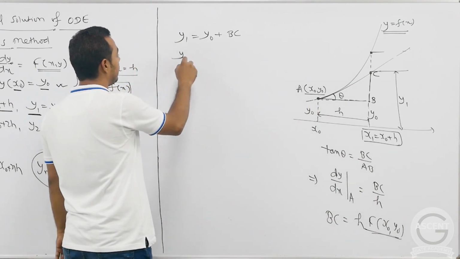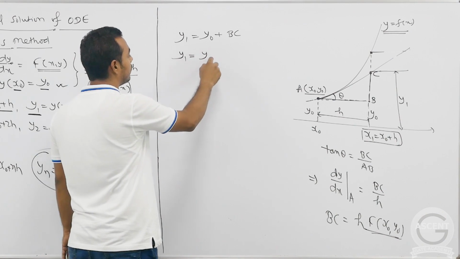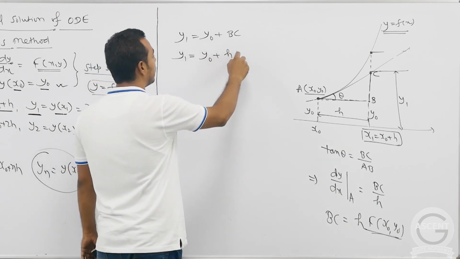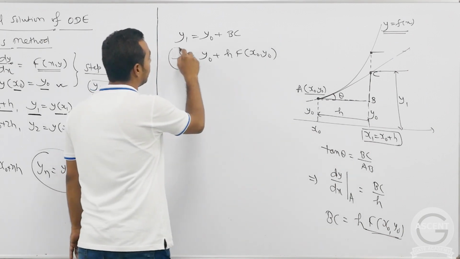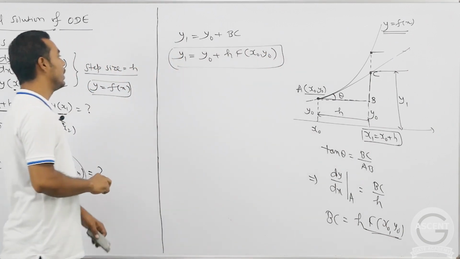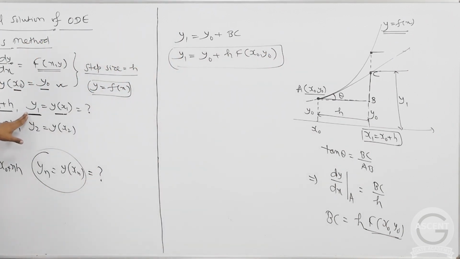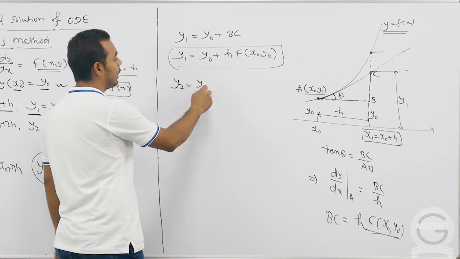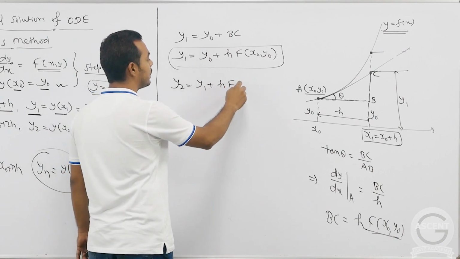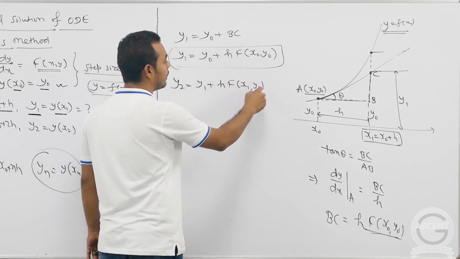So from here we can get the expression for y1. y1 will be y0 plus h into f of x0, y0. Using this formula you have to calculate y1. Once you have calculated y1, the formula for y2 will be y1 plus h into f of x1, y1.